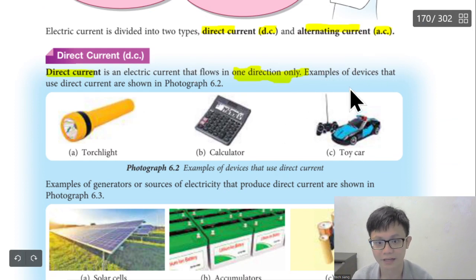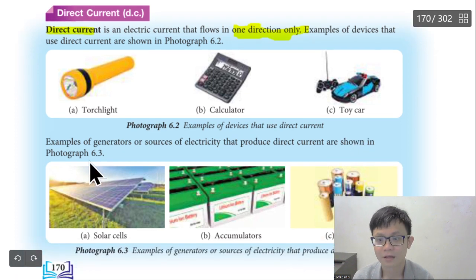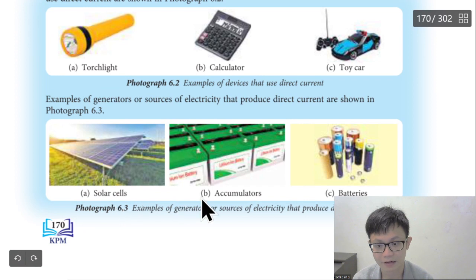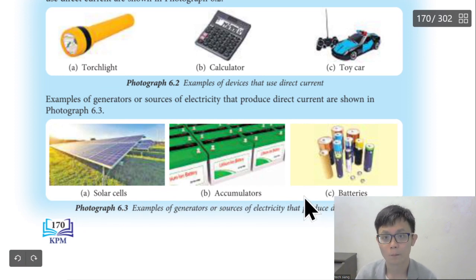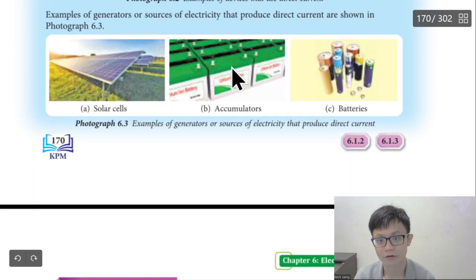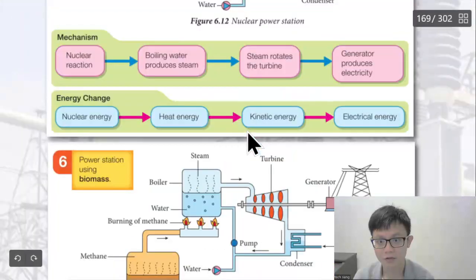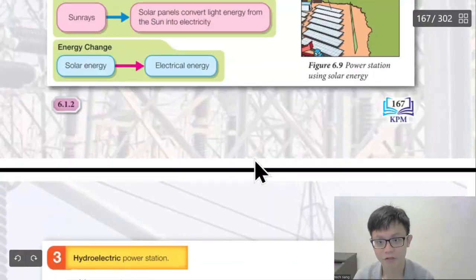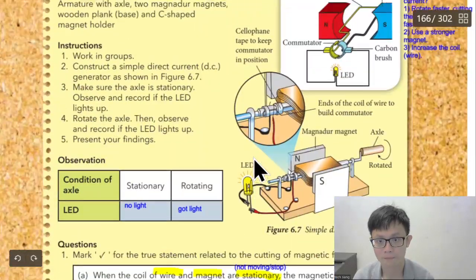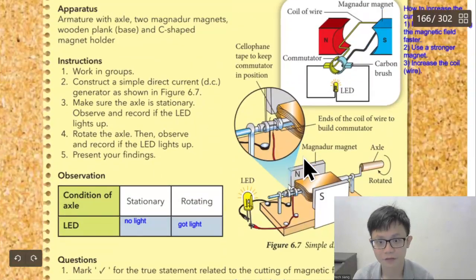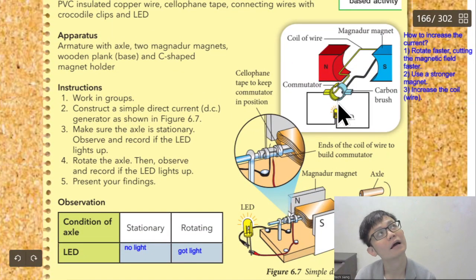Okay, for example, devices that use direct current are torchlight, calculator, and toy car. Examples of sources that produce electric current are generators, solar panel, accumulator, and battery. Compared to the experiment that we do here, it depends on how you arrange this.